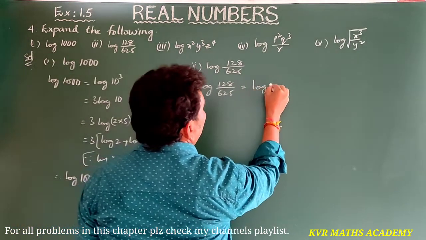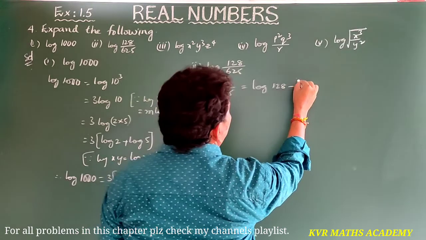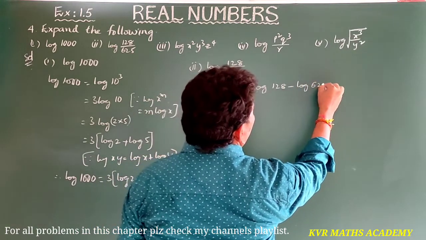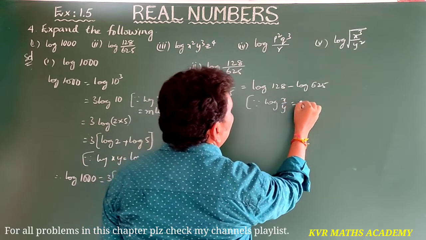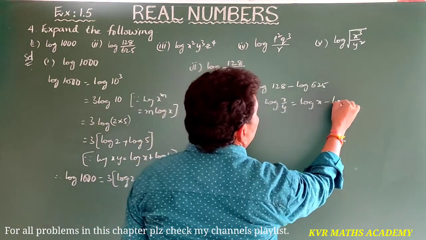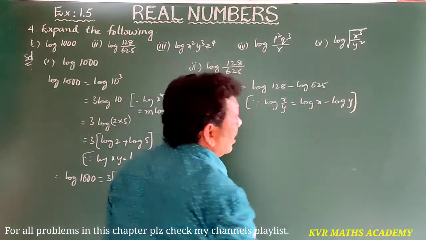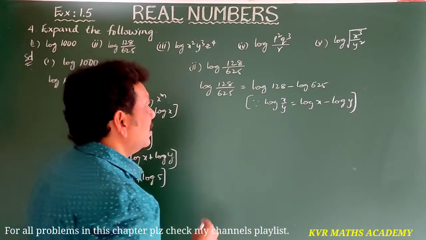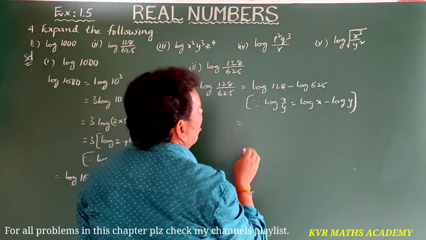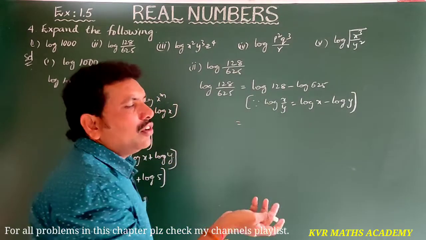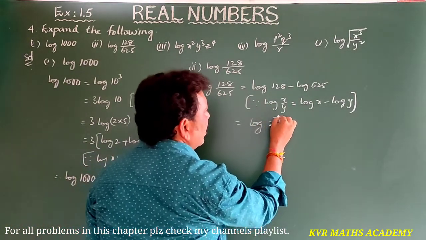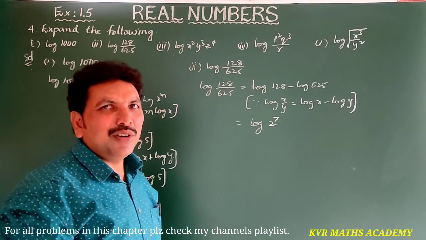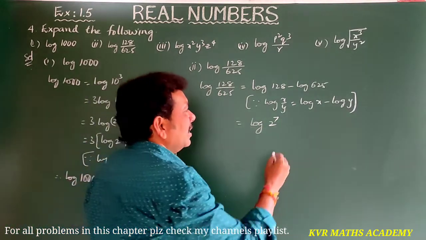So this will be log 128 minus log 625, since log x by y is equal to log x minus log y. Log 128, as a power of 2, is log 2 power 7, isn't it? 2 power 7 is 128.